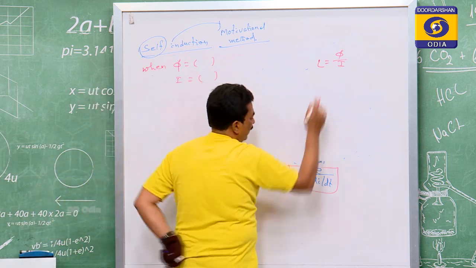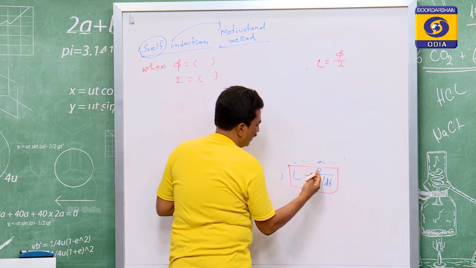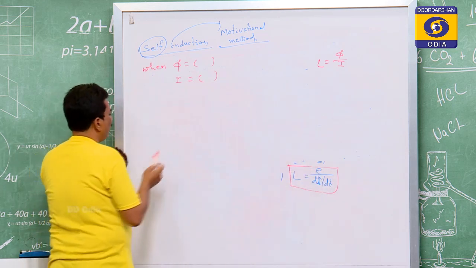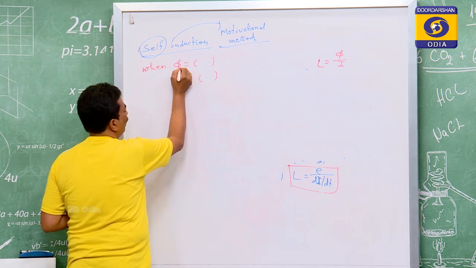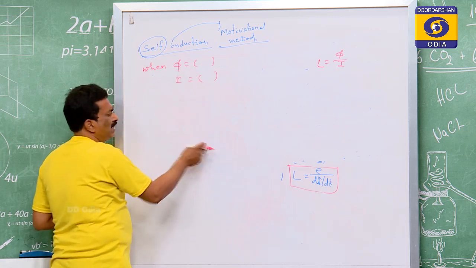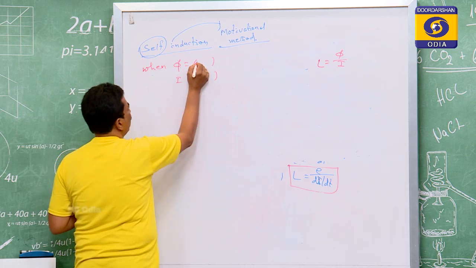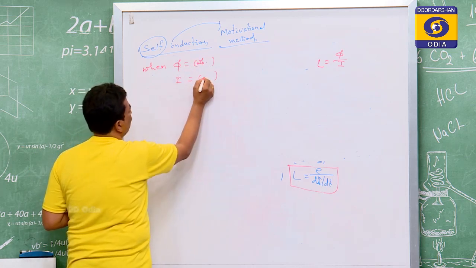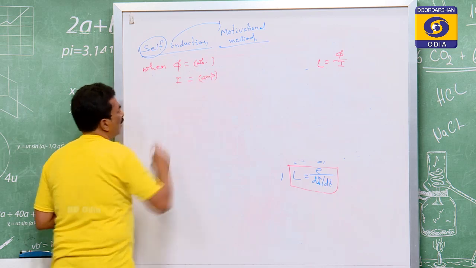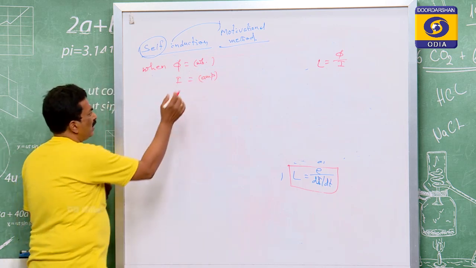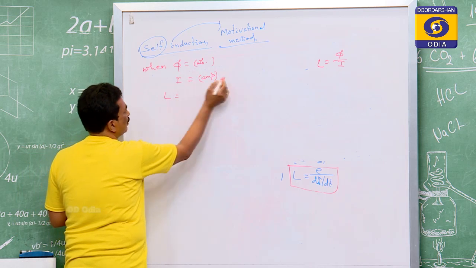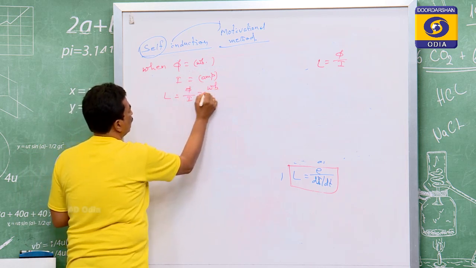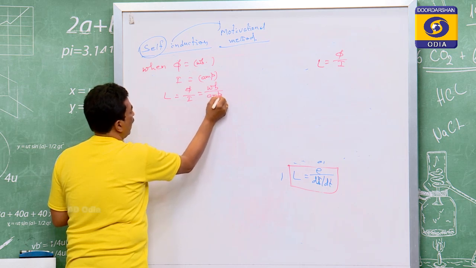So if L is equal to phi by I, here I is the capital I, the current. Phi means the magnetic flux, and the unit of flux is the Weber. I, the current, is in ampere. Then L is equal to phi by I, which is Weber by ampere.